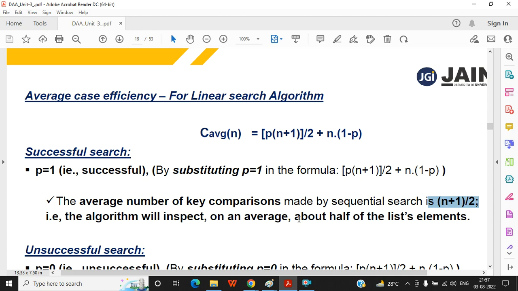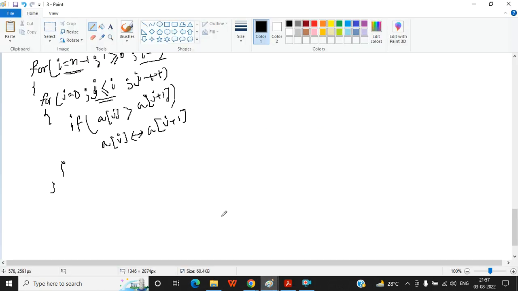It is big O of n, because 1 by 2, see here, the calculation will be n plus 1 by 2. Half will be discarded, plus 1, right?